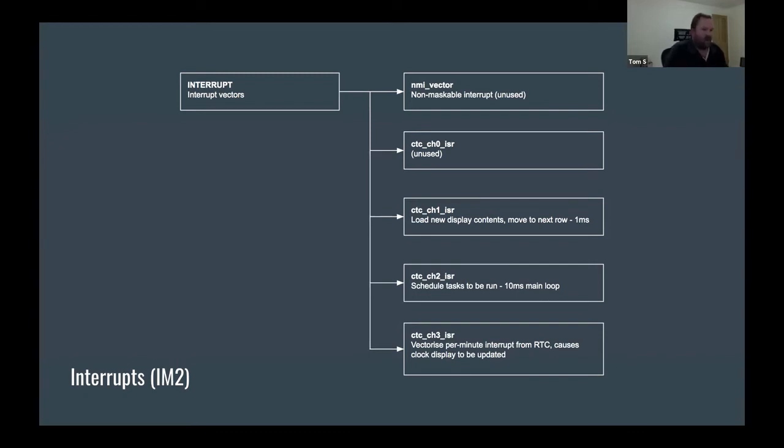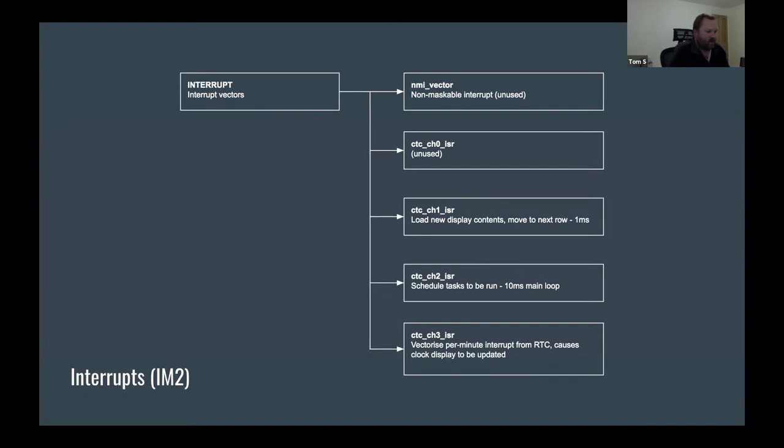So each line is on for 1 millisecond out of every 3, or roughly 300-something hertz for the refresh. It's not too bad in terms of flicker. You don't really notice it when you're looking at it. You might notice some refresh if your vision is moving, but it runs pretty quickly and it's quite smooth to look at.